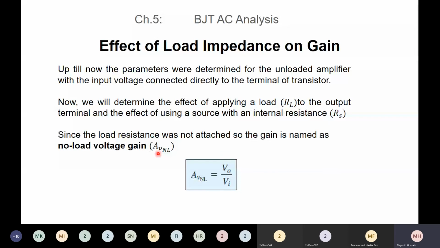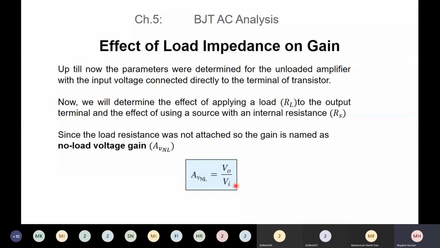And we know that the voltage gain is commonly taken as the output voltage to the input voltage. So in order to determine this voltage at no load, we have considered that there was no load resistance connected at the output terminals of the BJT transistor.